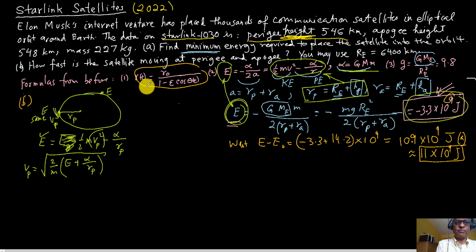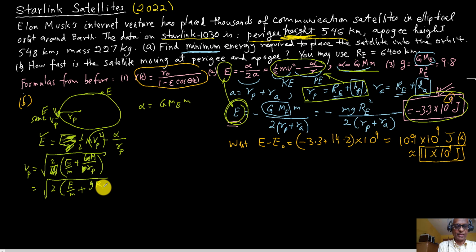So the alpha is G, mass of the Earth, m, and the m can cancel out here. So alpha is going to be just G M. You have E over m plus G M, which was G R_E squared, over Rp.